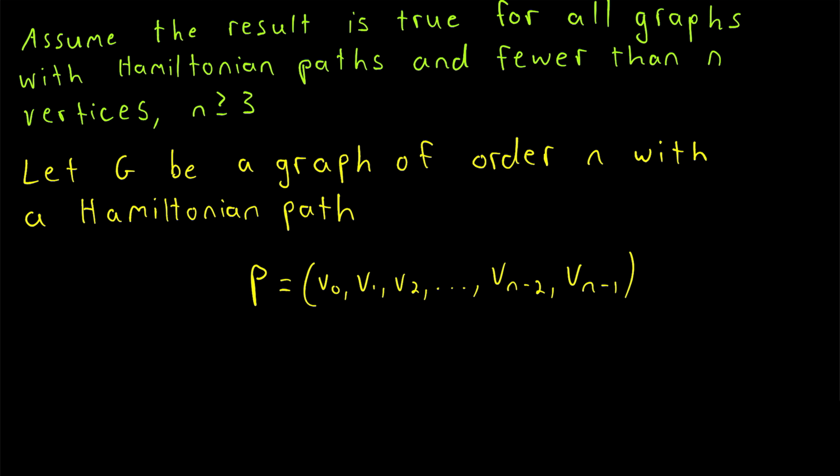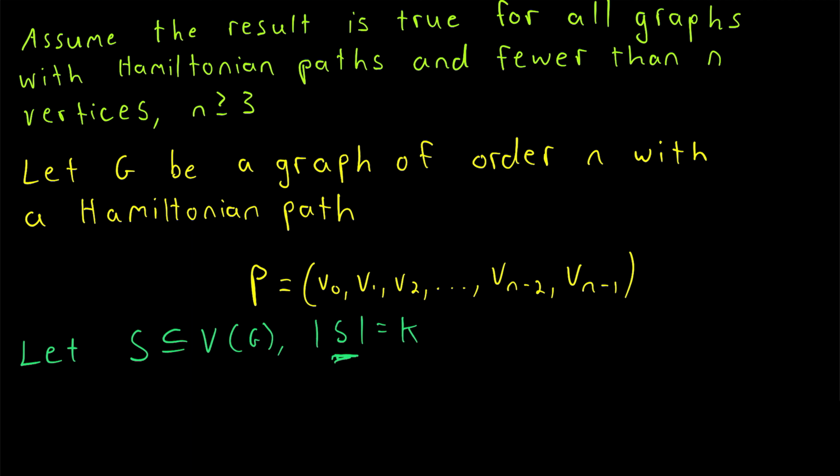We want to show that deleting any k of these vertices from the graph will leave us with at most k plus 1 components. So to start talking about deleting k vertices from the graph, let's let S be a subset of the vertex set of G, and we'll call the cardinality of S k.